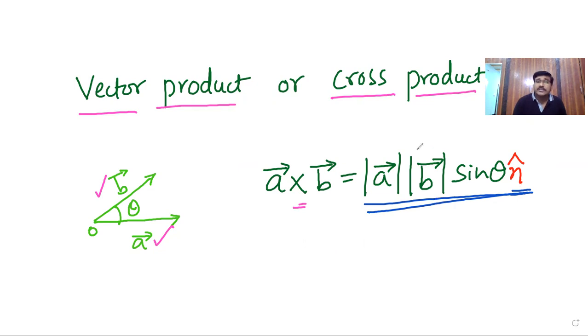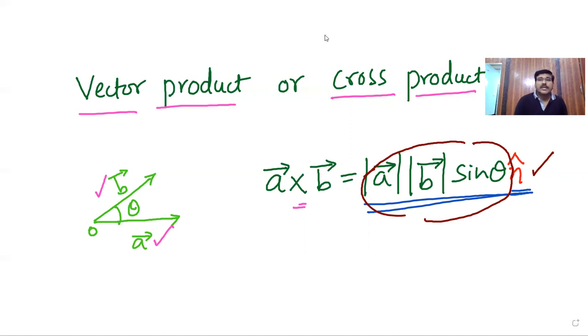So the magnitude is given by the modulus of A bar, modulus of B bar, times sine theta. This entire term stands for the magnitude. N bar stands for direction.